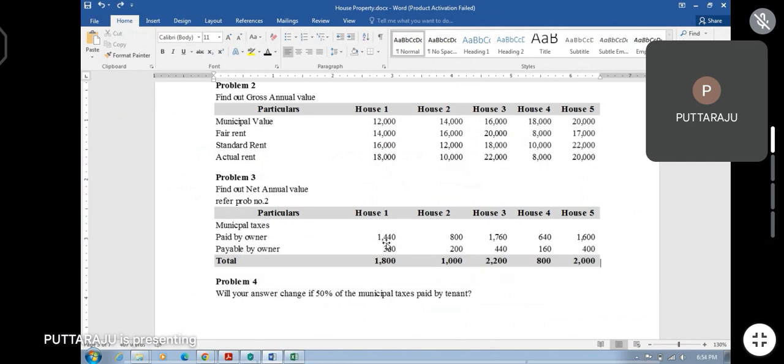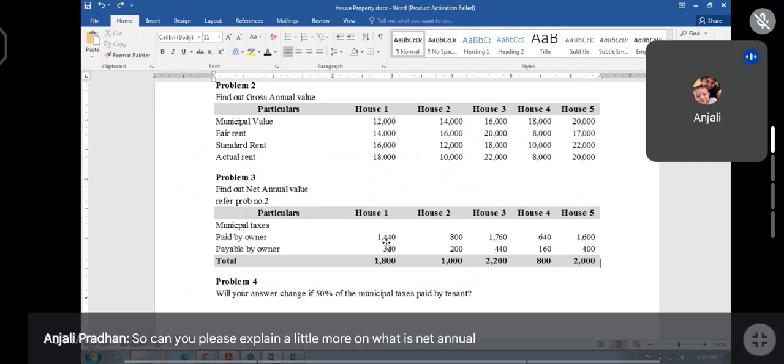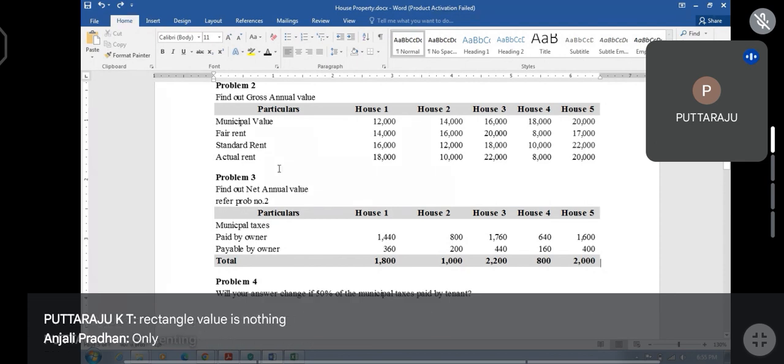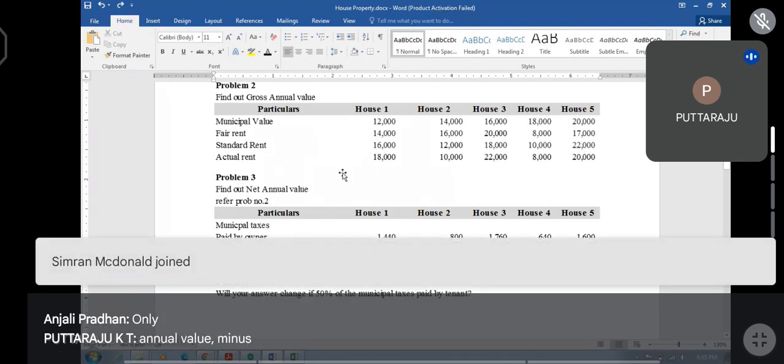Net annual value is nothing but gross annual value minus municipal taxes paid by owner.